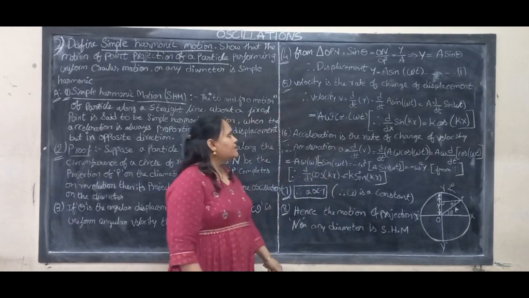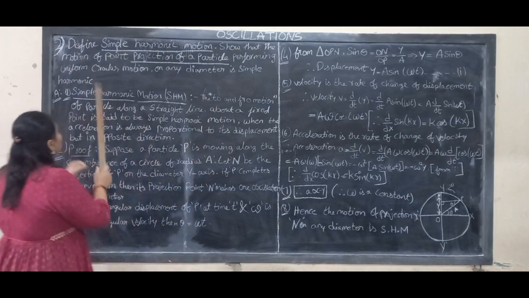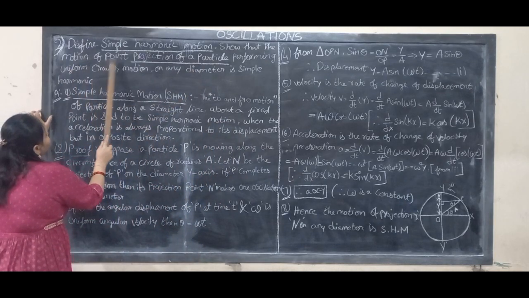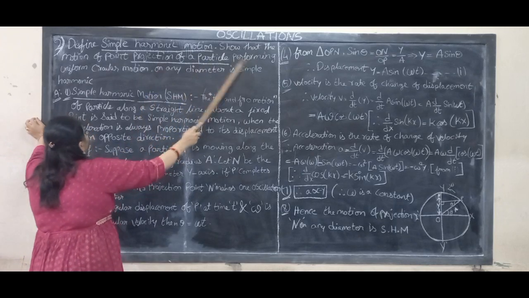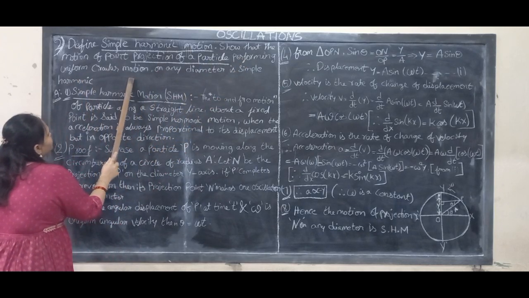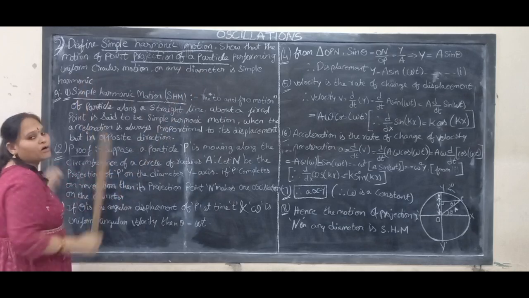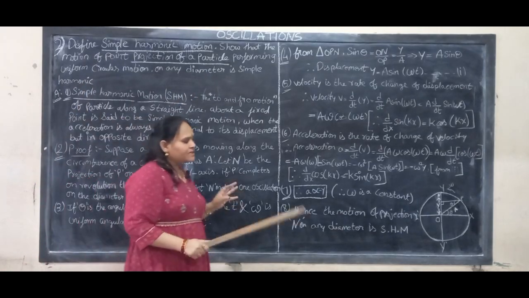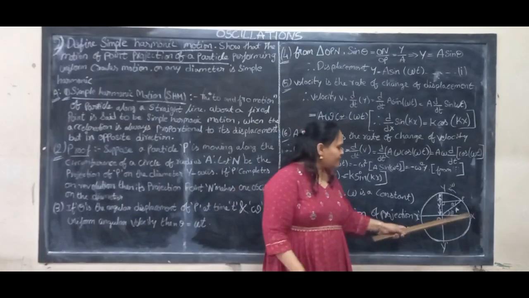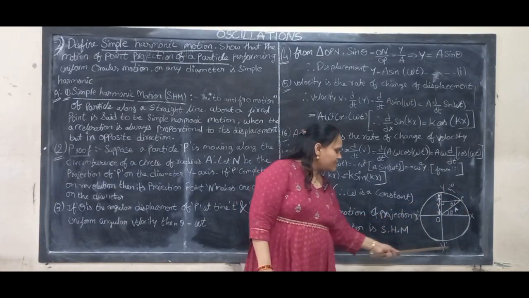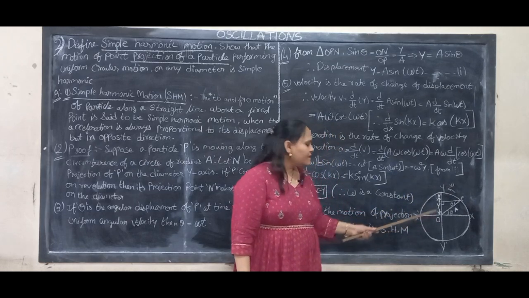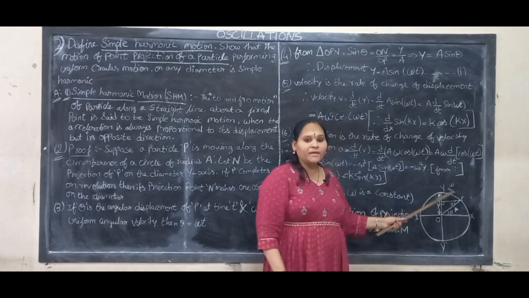In this, our question is: show that the motion of the projection of a particle performing uniform circular motion on any diameter is simple harmonic motion. For this purpose, first we consider a point P. It will travel like this in circular motion with an angular velocity omega.